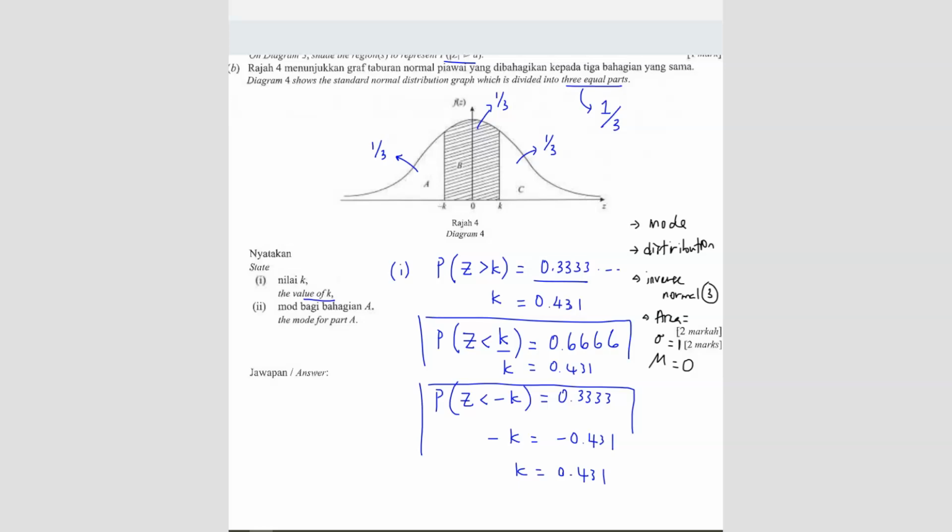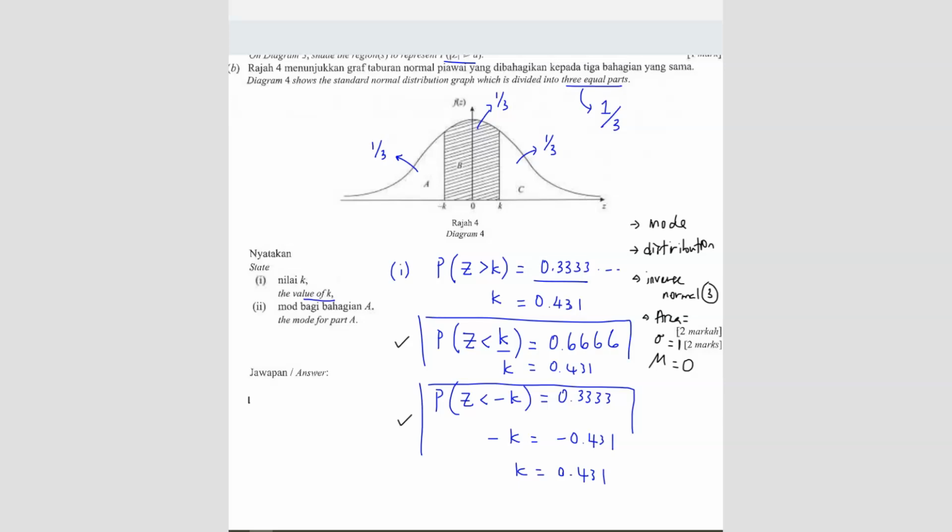The area, you key in based on which one you're using. If you use 0.666, you'll get the answer straight away. If you use 0.333, you'll get a negative value, which you then have to convert to positive. Both give the same answer. But if you use the calculator, you won't get 0.431, you will get 0.4307, which is very near, so it's not a big deal.